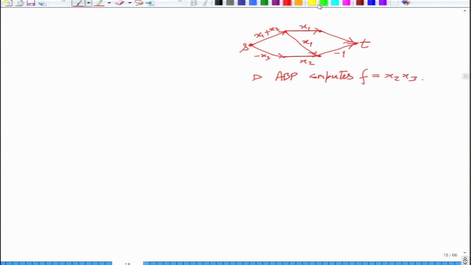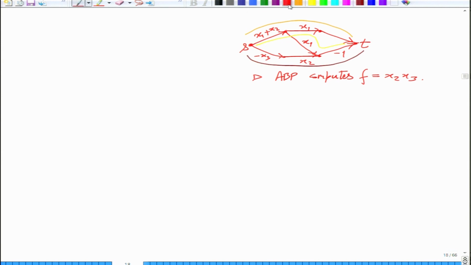The reason is that there are 3 paths from S to T. The first path is this, and the second path is this, and the third path is this.